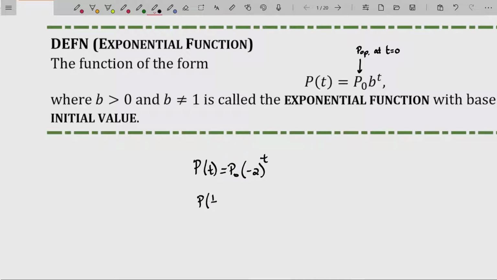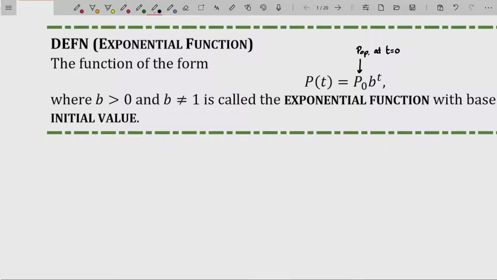P of 1/2. What is the population when time is 1/2? Well, remember what the exponent of 1/2 means. It means the square root. And so we have the square root of -2, and that's a problem. We do not want imaginary values to our function. And because of that, we restrict the base of our function to be positive.